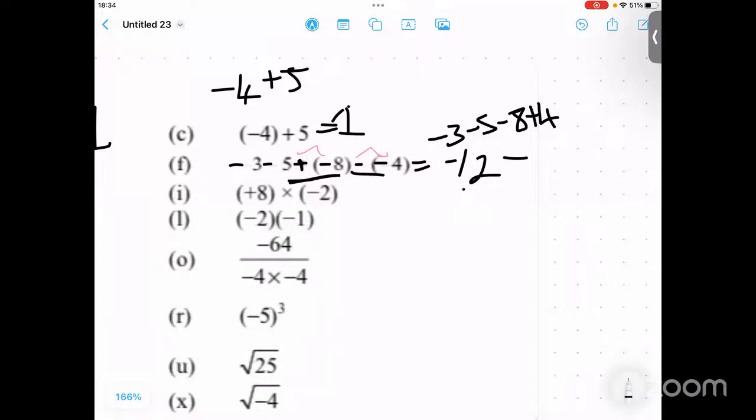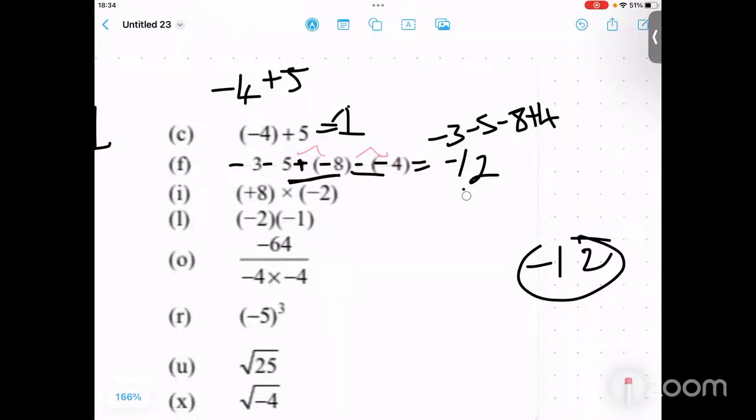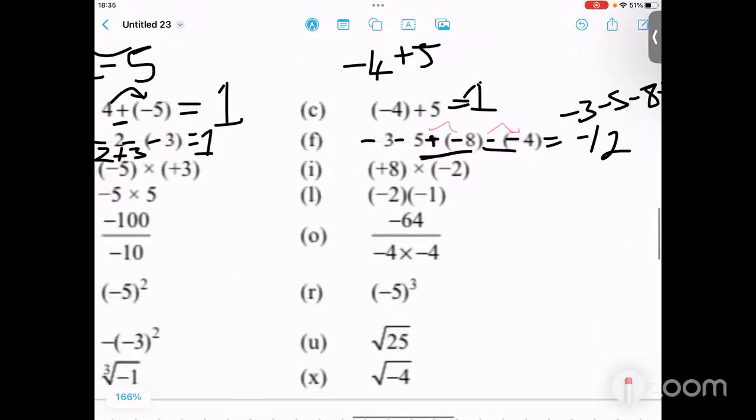So we are having -16 plus 4, which is like 16 minus 4, so it's going to be 12 with a minus, which is -12. Are we all good? Yes, ma'am.